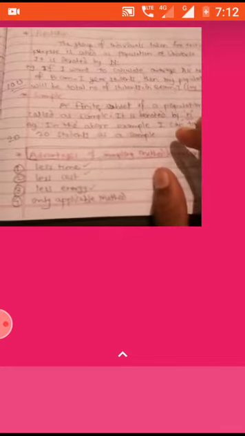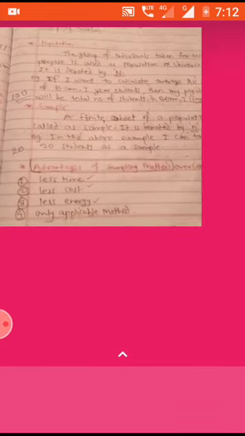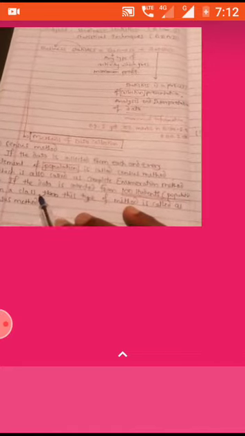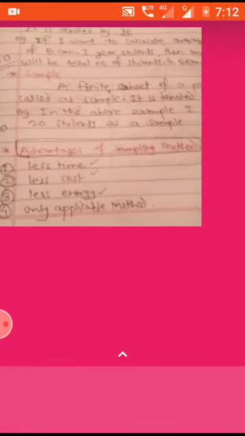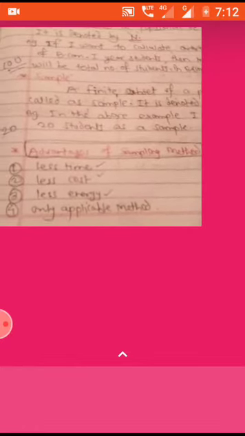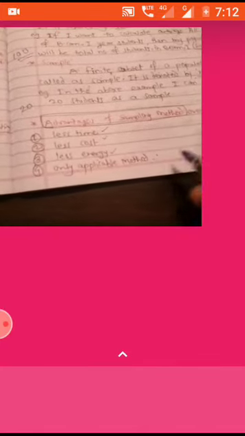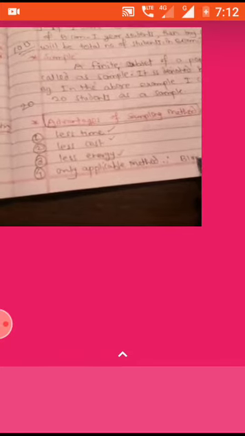But the fourth point is the only applicable method. It means there are some situations where you cannot use the census method, but you must use the sampling method only. The best example for understanding this is blood checking.